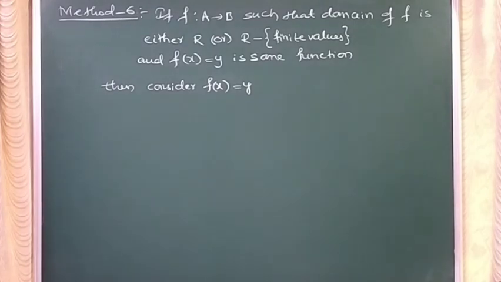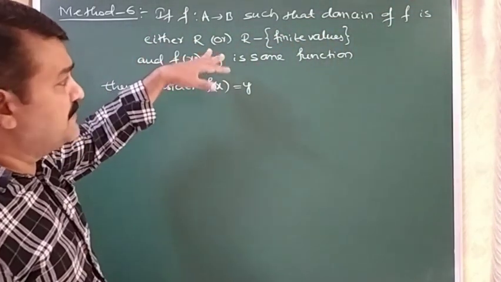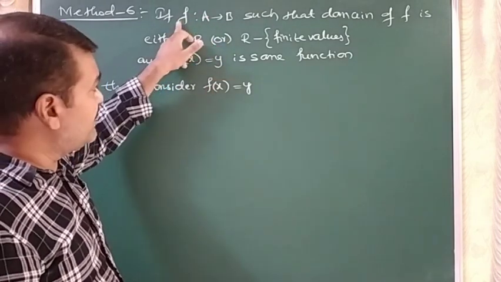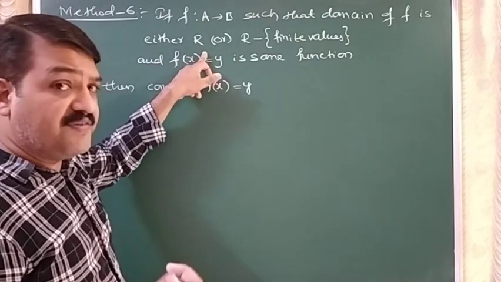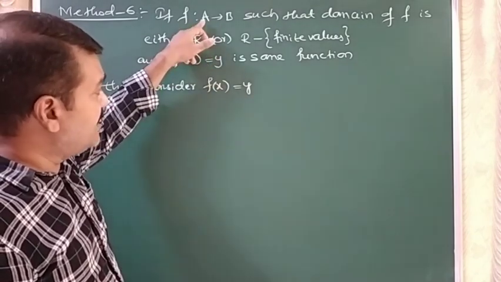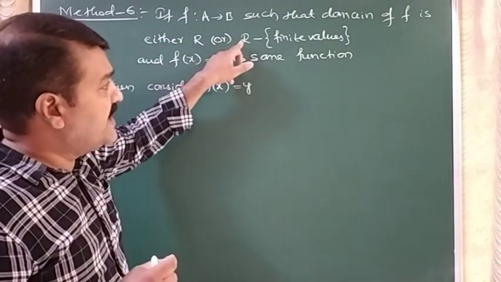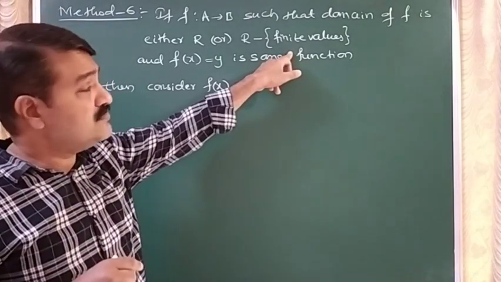Okay, so this is method 6 now. If f maps A to B is some function in which the domain, this set A, is either R, the set of real numbers, or real numbers minus some finite points.